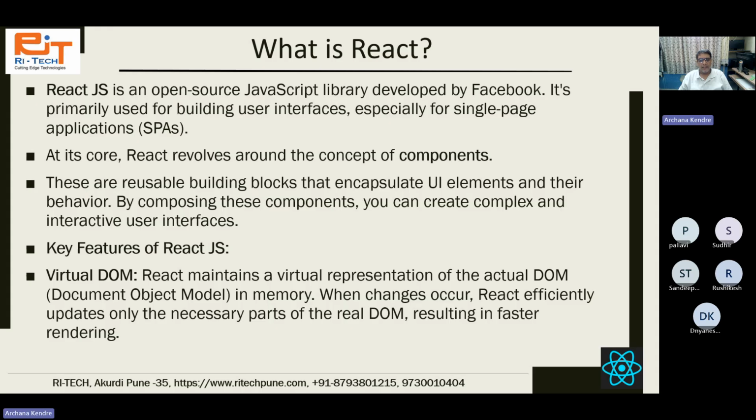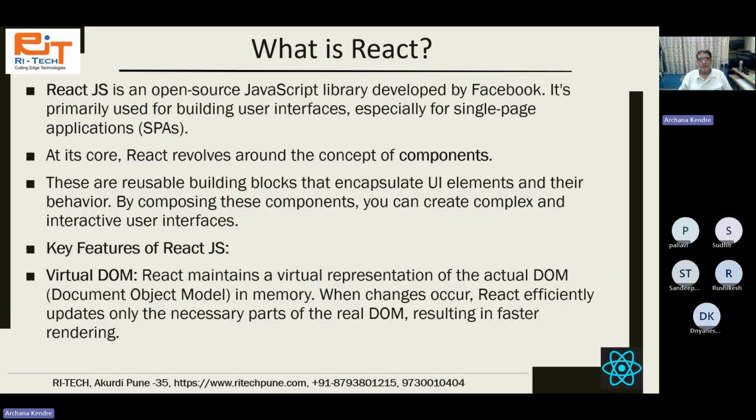Now React has one key feature called the virtual DOM. React maintains a virtual representation of the actual DOM, document object model, in memory. When changes occur, React efficiently updates only the necessary part of the real DOM, resulting in faster rendering.